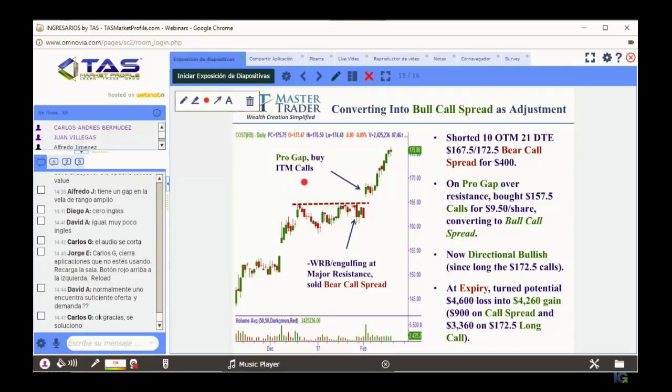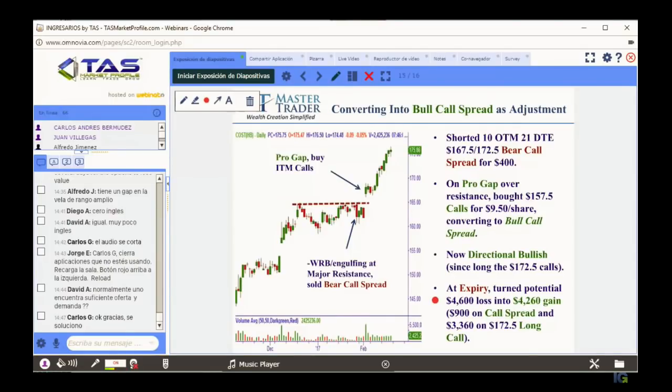So what you could have done, instead of stopping out of your bear call spread, is you convert the position into a bull call spread. And how you do that is by buying a deep in the money call. So then I'm profiting as the stock goes up, but I'm also profiting from that time decay that we went over.